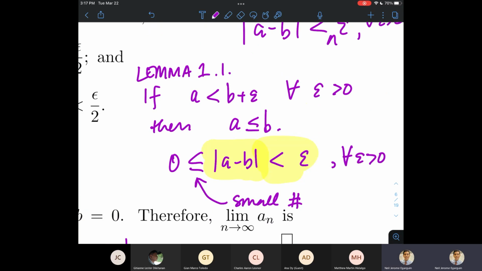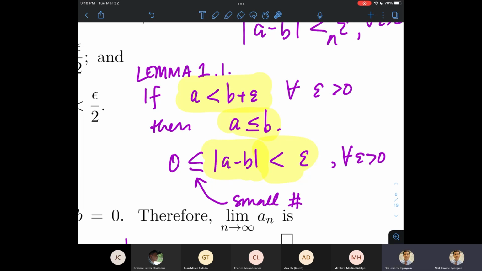Sa lemma 1.1 kasi, kapag alam mo na si a ay less than kay b plus epsilon, at totoo ito sa lahat ng epsilon greater than 0, so sure ka na si a ay less than or equal to b. Alright? Kasi nga, totoo to sa lahat ng epsilon greater than 0, so magdagdag ka lang ng konti kahit katiting kay b. Alright?